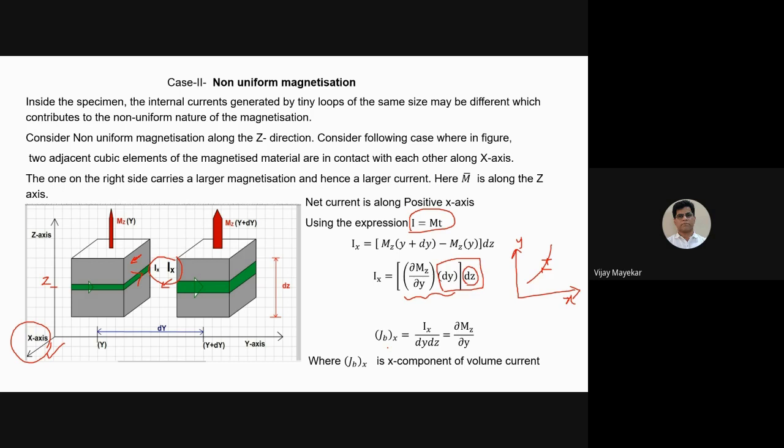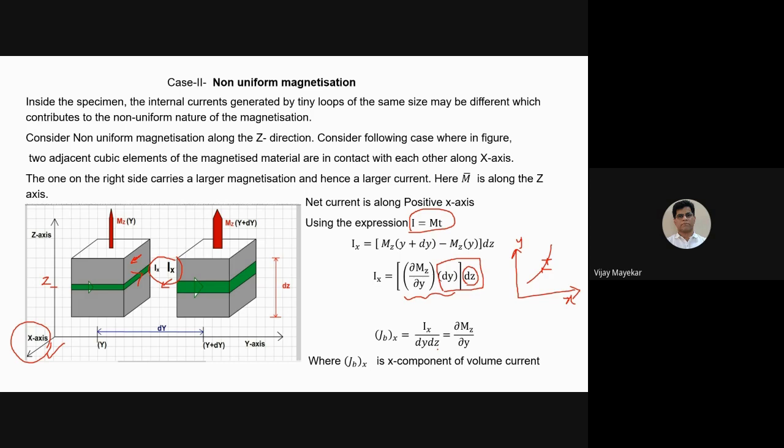We are not looking at the surface like we saw earlier. All these chunks are arranged inside, and we want the difference in bound current inside, and that refers to the volume. So we have to take into account Jb, the volume bound current density. It is Ix over dy dz.